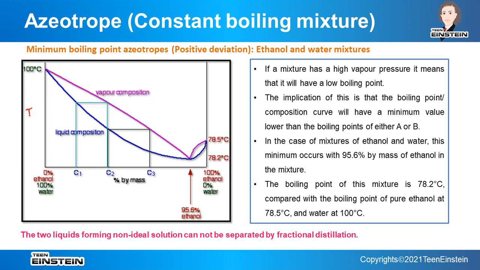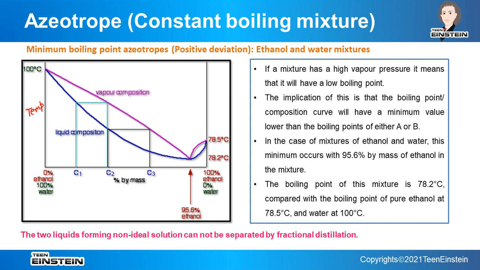So here we have temperature on the y-axis. In the previous curve there was vapor pressure on the y-axis and composition on the x-axis. Here it is composition on the x-axis, but temperature on the y-axis, not vapor pressure. So don't be confused between the two, because these are completely different curves.